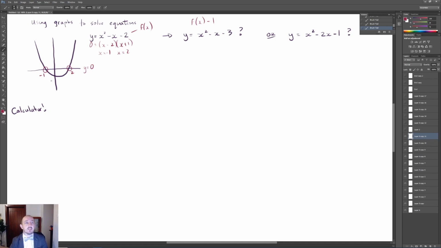So I could either redraw this equation again as shifted down by 1 and find in the new coordinates where it crosses, or I could draw the line y equals 1 and see where that new line, y equals plus 1, intersects, and read those new intersections off on my graph. Okay, so where the new line intersects with the old curve, that is the solution for this. But I could just put this into my calculator and get the actual values and then double check where these x coordinates are, and that will help me to determine if I've got this answer correct.